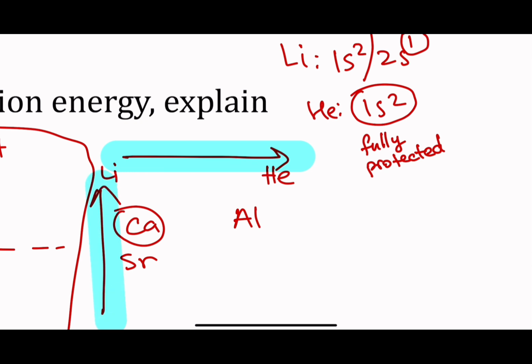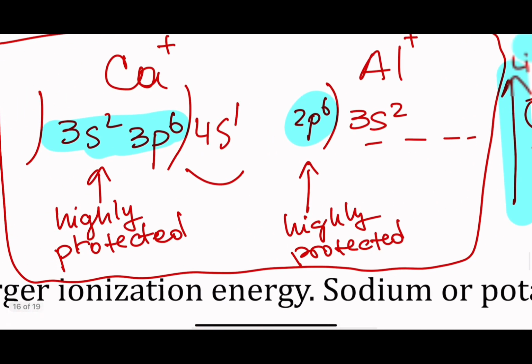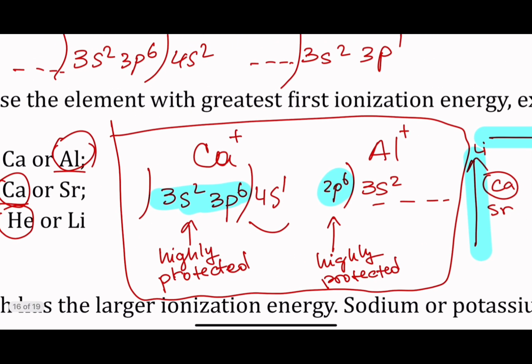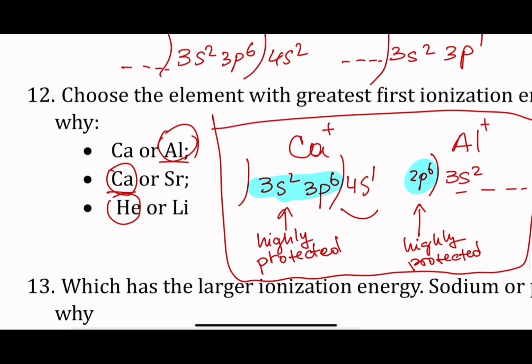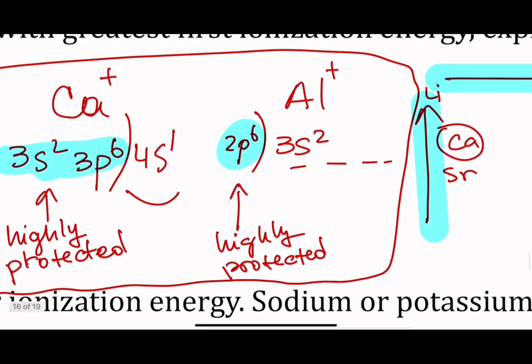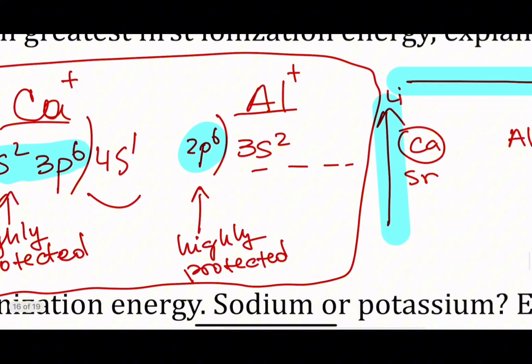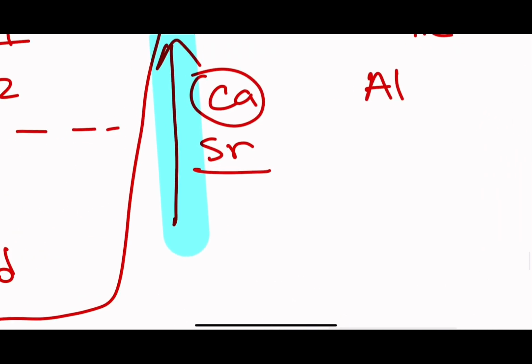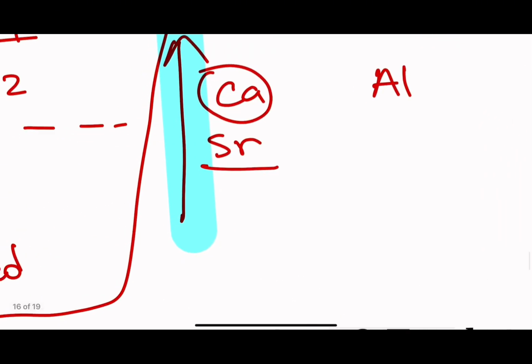That's why helium will have the highest ionization energy among them all, because in the other ones, when we compare calcium and aluminium, or strontium, strontium is a second group element, right? And it ends with 5s2.